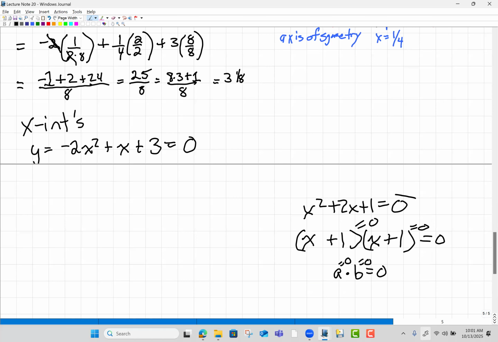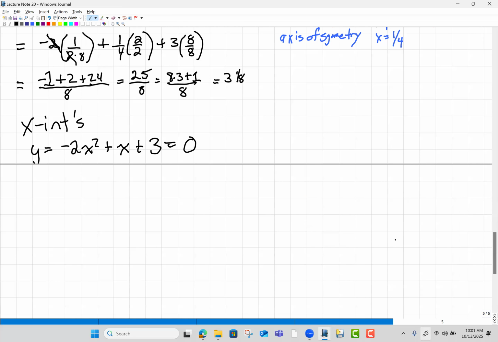So instead of having a second degree equation with two solutions, I can have two first degree equations. But here, this one's hard. It's easy if there's just nothing in front of the x squared. So this is harder. So let's just go ahead and use our power tool, our quadratic formula.